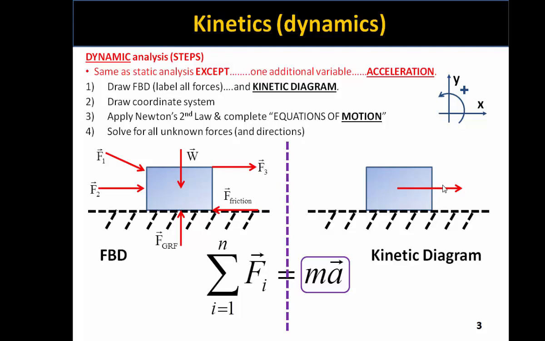This is a kinematic vector, depicting the direction in which that object is accelerating. Acceleration is a vector quantity, and its value is a multiple of the inertia of the box, the mass of the box. And so we would label this as MA.